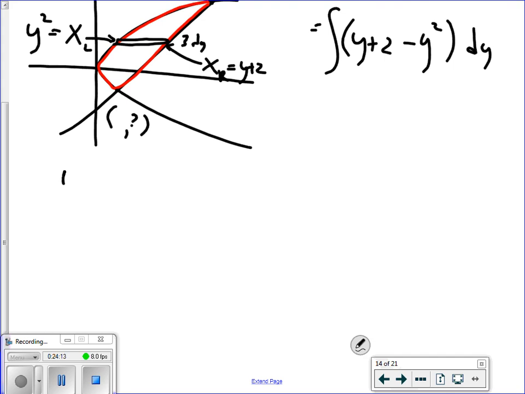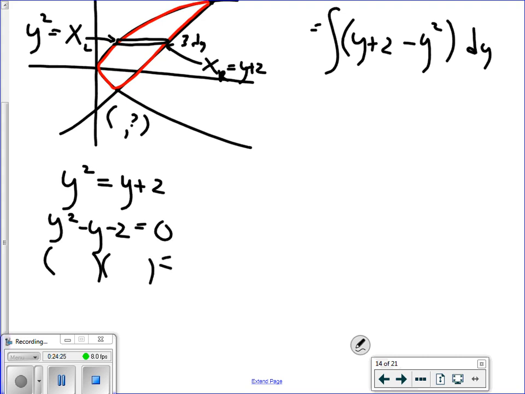And on one of them, x equals y squared, and on the other, x equals y plus 2. When we set them equal and get it equal to 0, factor, we get y equals 2 and y equals negative 1.